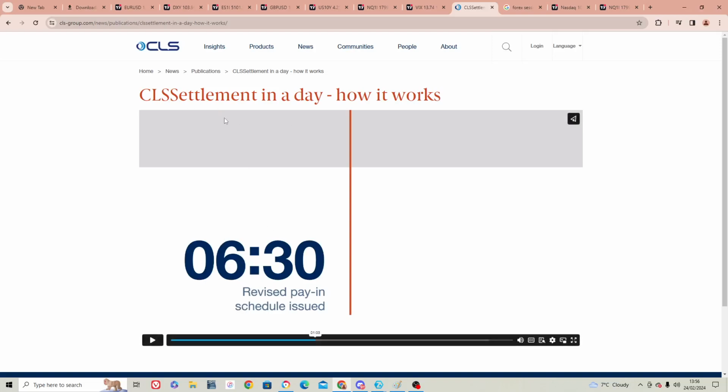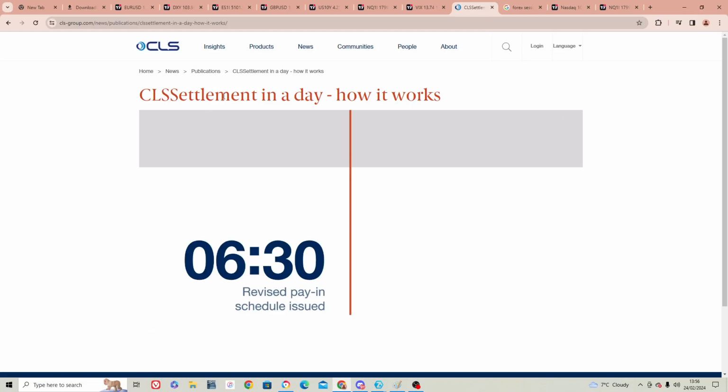Okay, what CLS do. CLS is a clearinghouse. It's a specialized financial institution, and it's designed to eliminate risk in foreign exchange transactions. It uses a process called payment versus payment, which ensures both sides of foreign exchange transactions are settled simultaneously. So this is to reduce risk in the foreign exchange market.